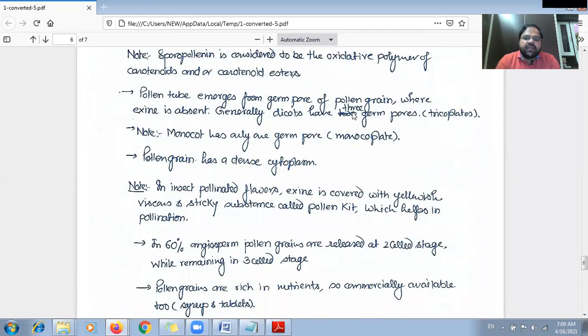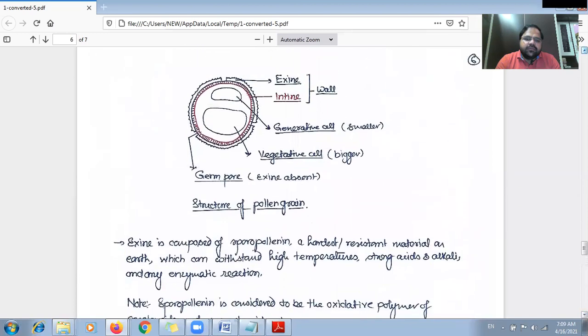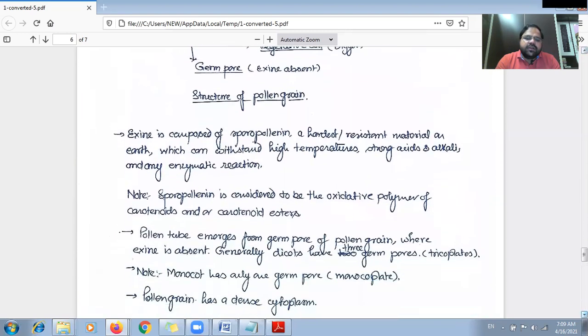Generally, dicots have three germ pores, and pollen grains with three germ pores are called tricolpate. We can see here these are the germ pores, this one, this one, this one. Where the exine is absent, that place is called a germ pore.